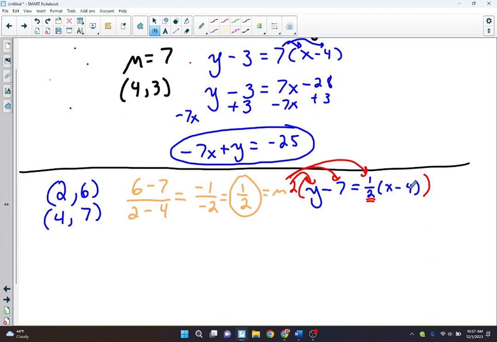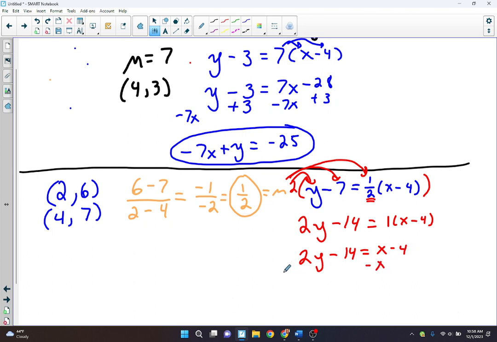Now, this inside parenthesis is safe from the distribution, so do not affect this. It stays x minus 4. So it becomes 2y minus 14. People forget to multiply that one. 2 times 1 over 2 is just 1. x minus 4. 2y minus 14 equals x minus 4.